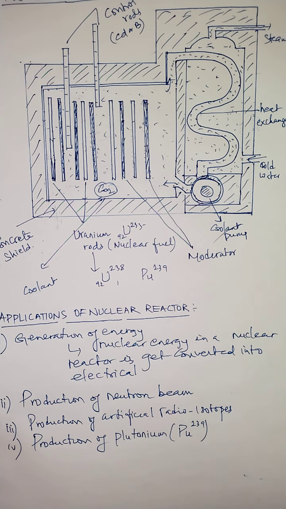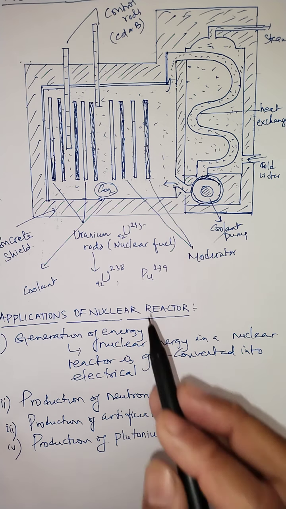Because uranium-235 is rarely used, since we cannot find it everywhere, it is not available easily and is very costly. But plutonium-239 is much cheaper compared to uranium, much more available, and it is much better fissionable than uranium-235.